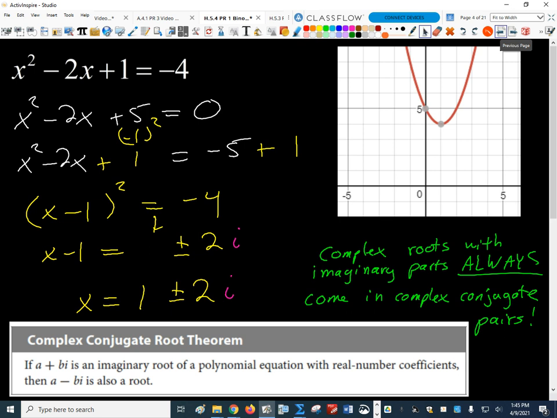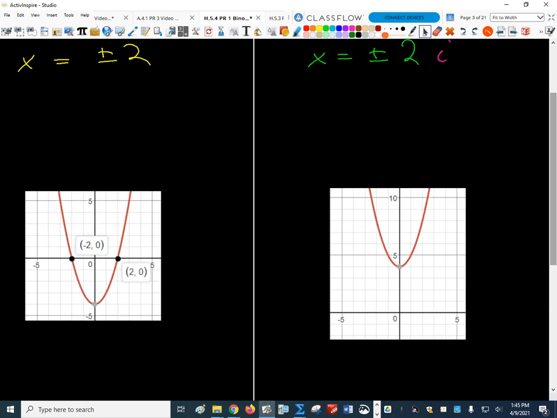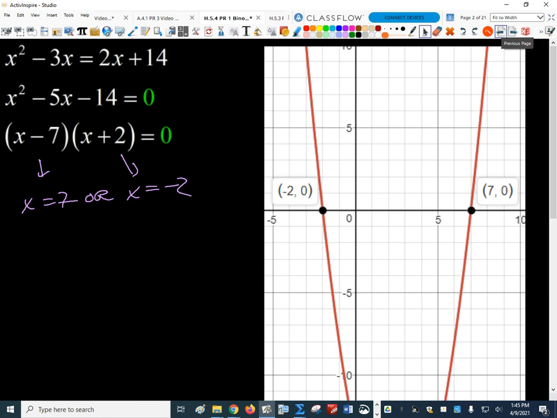Had no real zeros. Now here's an example of one that was a second degree polynomial that had 2 real zeros. Both of those real zeros had multiplicities of 1, right? They were single factors. Here's another one. It had 2 real zeros with multiplicities of 1.